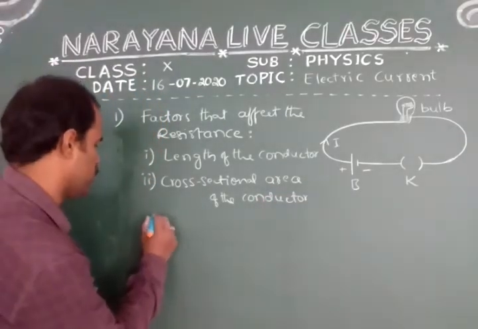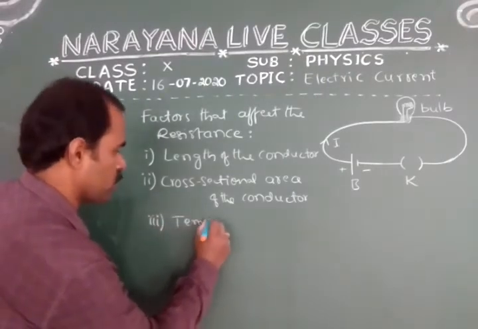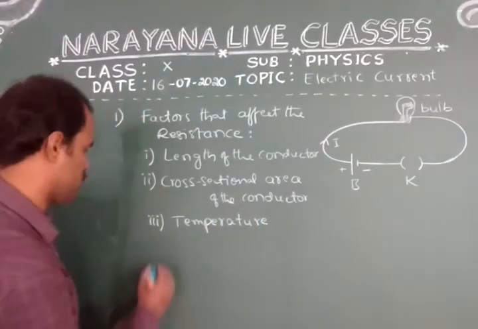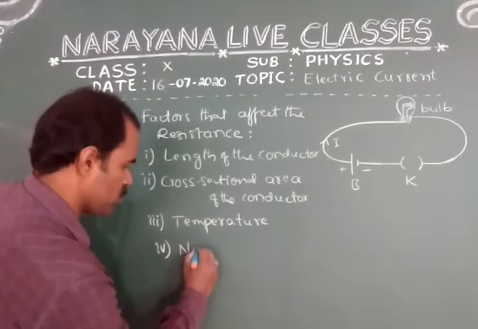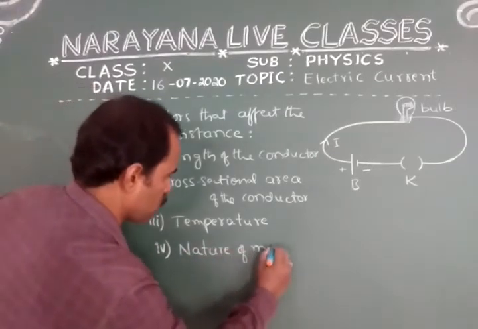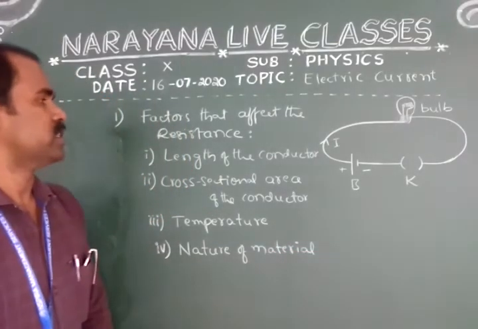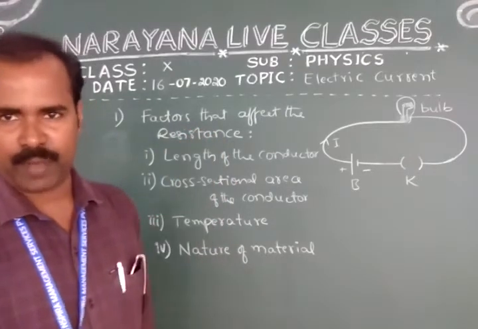Third one is temperature. And fourth one is nature of material. These are the four factors on which the resistance of a conductor will depend.